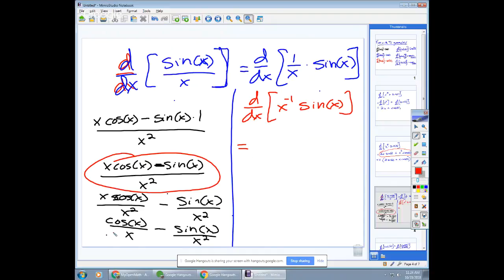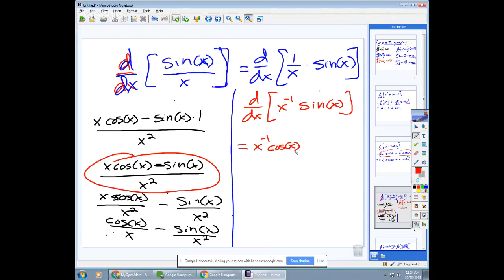Barely. All right, so this one over here, let's see. I'll write it as x to the negative 1 times the derivative of the sine. It's cosine.